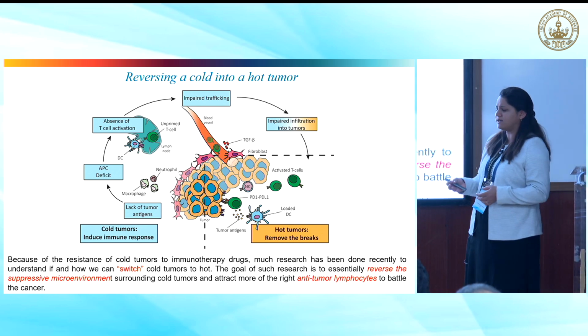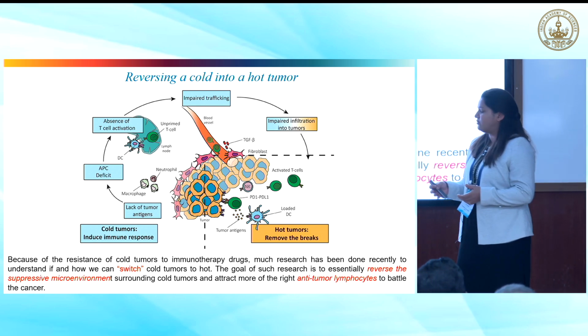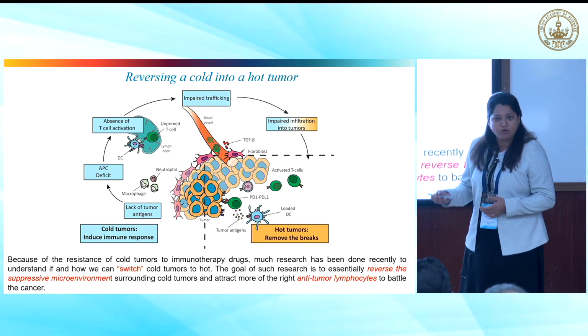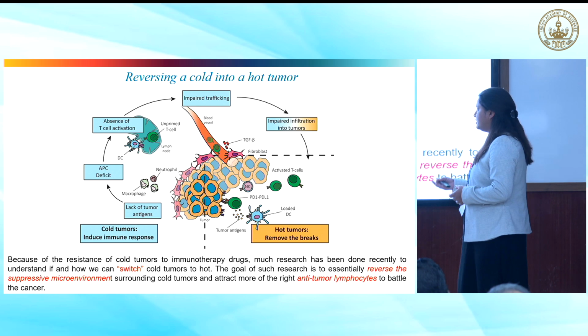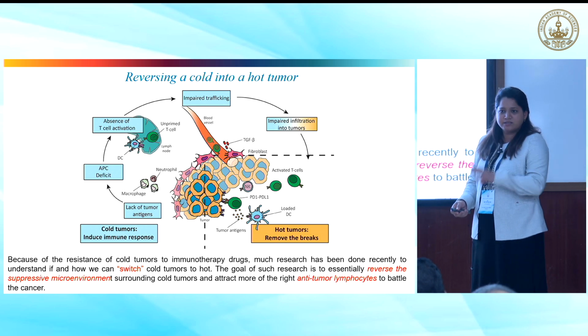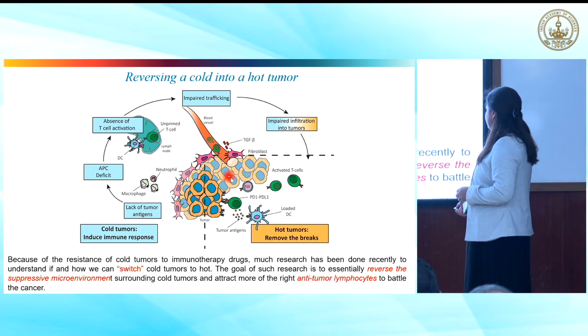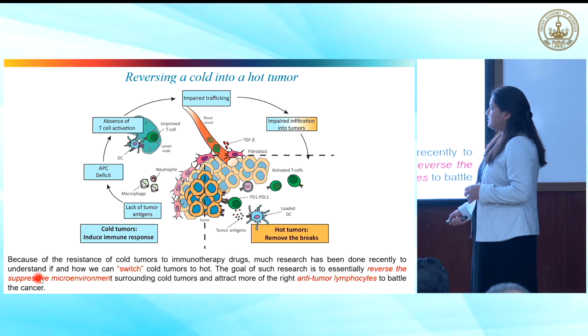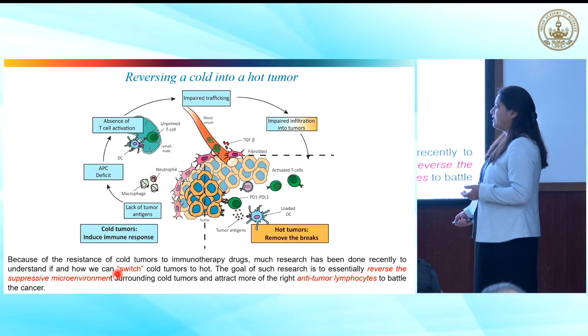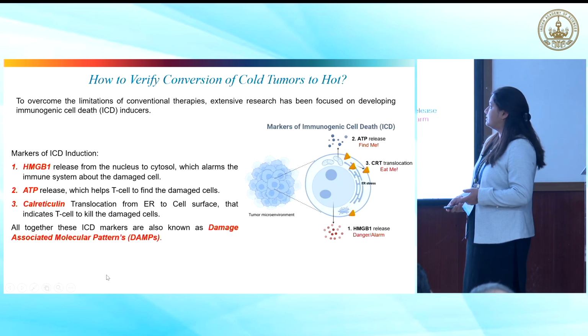Many scientists are interested to understand if and how we can switch these cold tumors into hot tumors, and the research obviously goes towards reversing the suppressive microenvironment which surrounds these cold tumors.